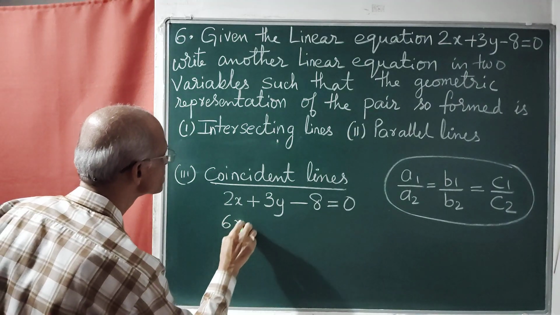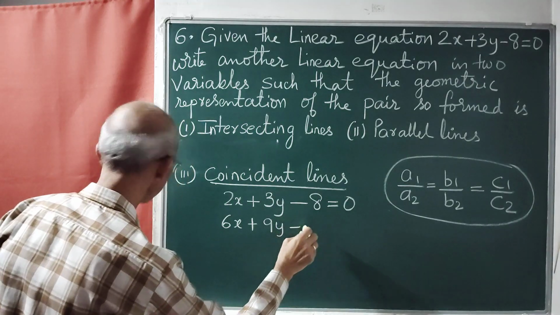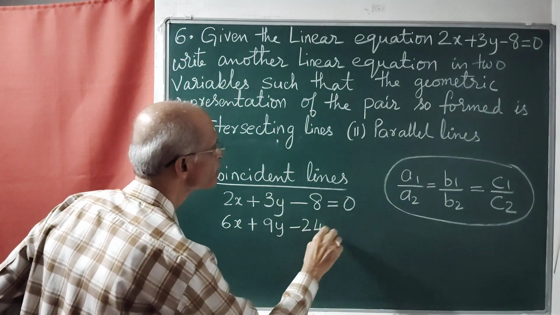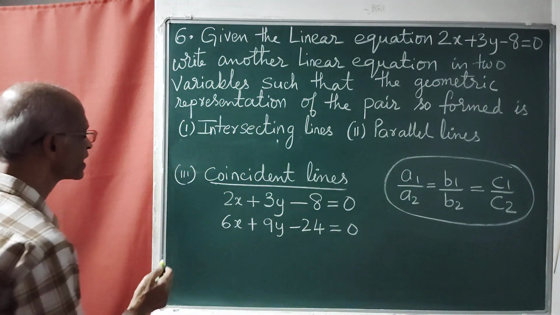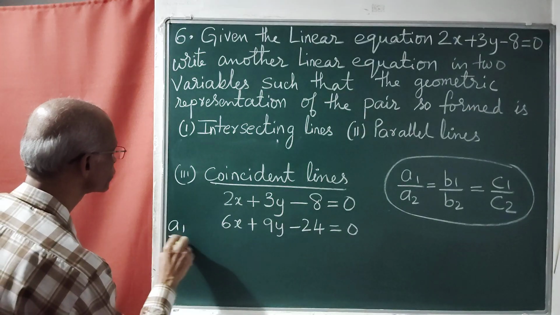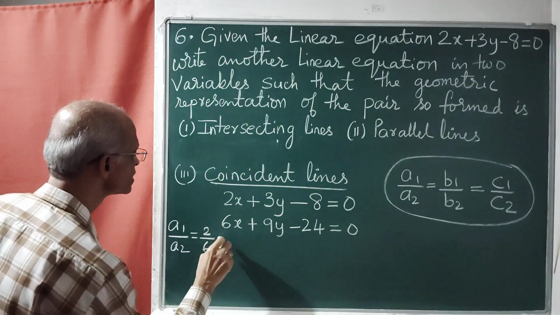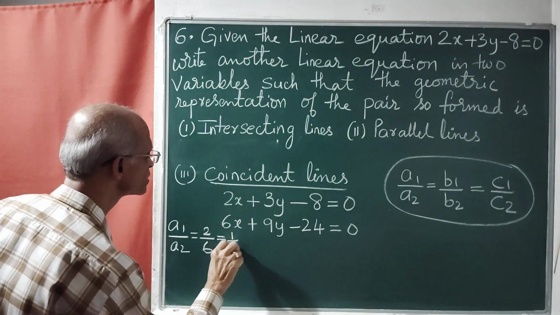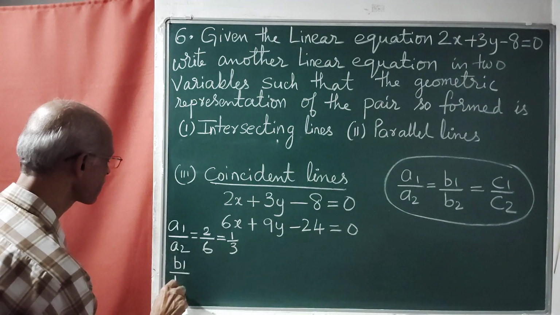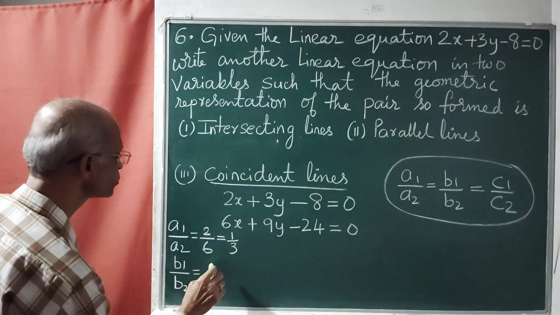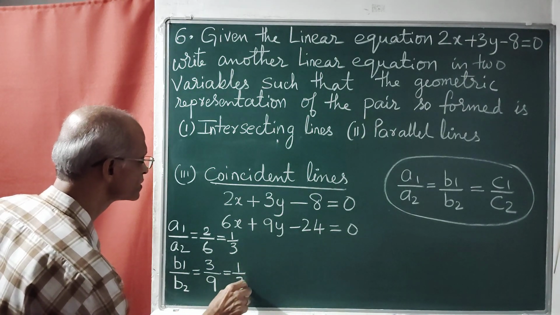I will write here 6x plus 9y minus 24 is equal to 0. Now we'll see the ratios. A1 by A2 is equal to 2 by 6, that is 1 by 3. B1 by B2 is equal to 3 by 9, it's also equal to 1 by 3.